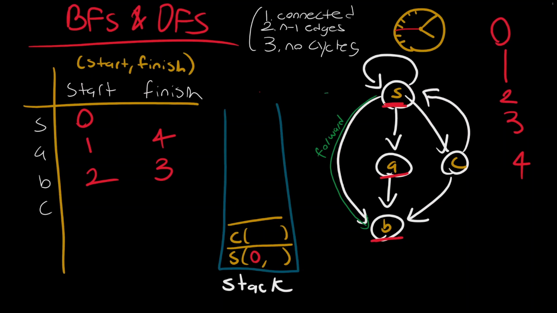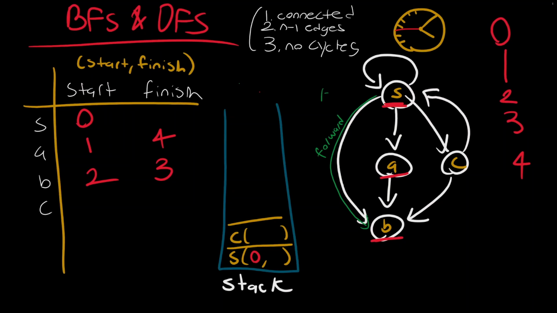We can call this a forward edge because it's skipping. You see that it's skipping A to get to B. So it's skipping a node in the tree. This A is part of the tree. So these edges are part of the tree. It skips a node in the tree to reach a further descendant in the tree.